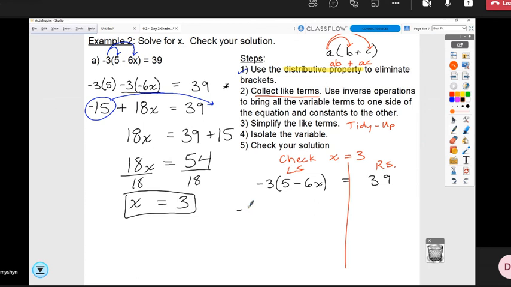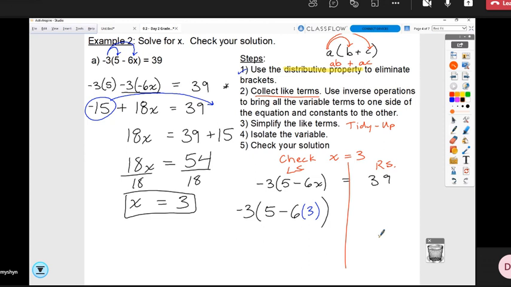So negative 3 times 5 minus 6, and I'm pulling out another color, times 3. And then I got to close that bracket. If I didn't use color there, it's going to be bracket, bracket, and it looks a little weird. But when you differentiate the bracket, maybe you can do a small one and a large one. A lot of the time, the textbook likes to use square brackets and round brackets. But they all kind of mean the same thing. It's just to help our eyes see what's happening here.